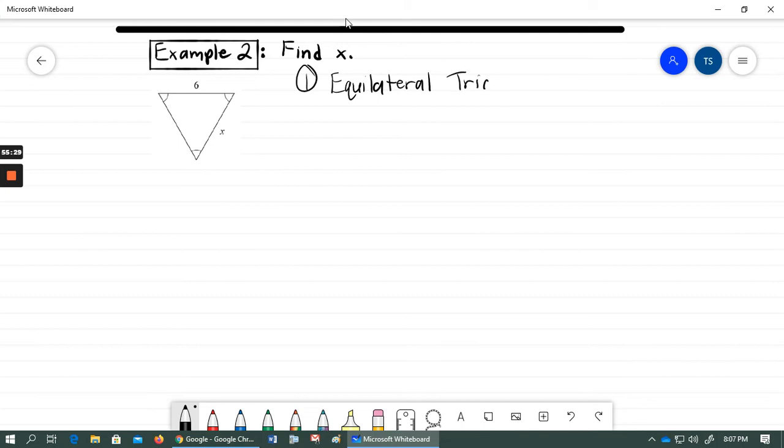It's an equilateral triangle, and we know that it's equilateral because all equilateral triangles are equiangular. And the opposite of that is true as well. All equilateral triangles are equiangular, and the converse of that is true as well: all equiangular triangles are equilateral.